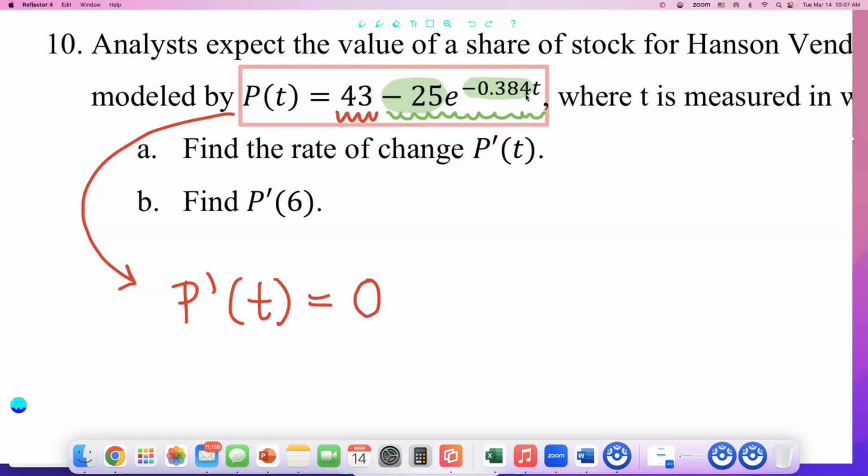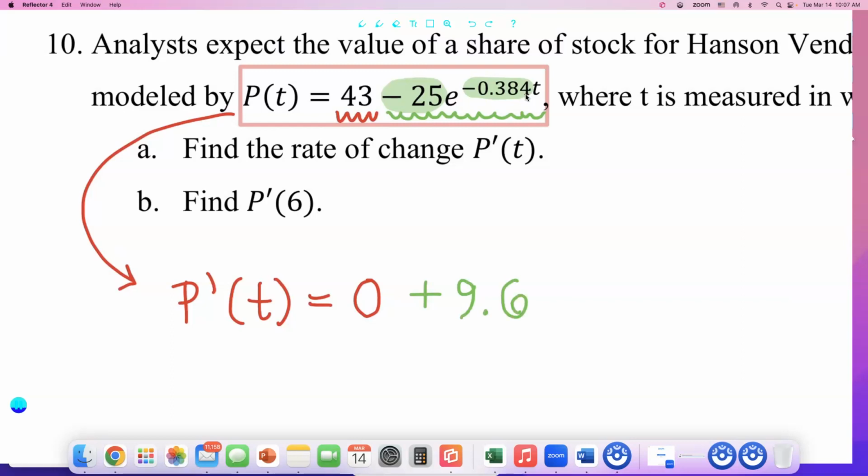So go ahead and multiply on your calculator. What is negative 25 times negative 0.384? When I do it on my calculator, I got positive 9.6. So that will be your new leading coefficient.